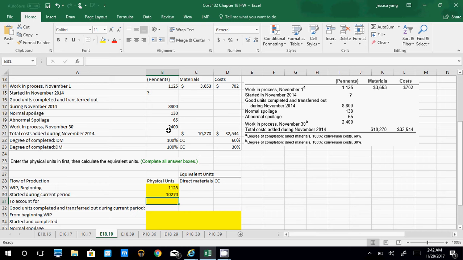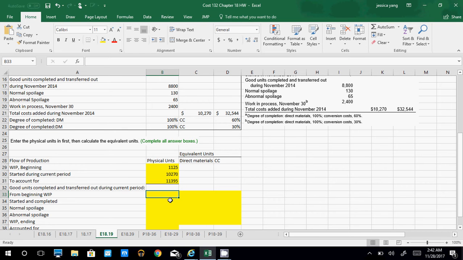Now to get to accounted for, we sum up the work in process beginning of 1,125 units plus started during the current period of 10,270 units, which gives us a total of 11,395 units.